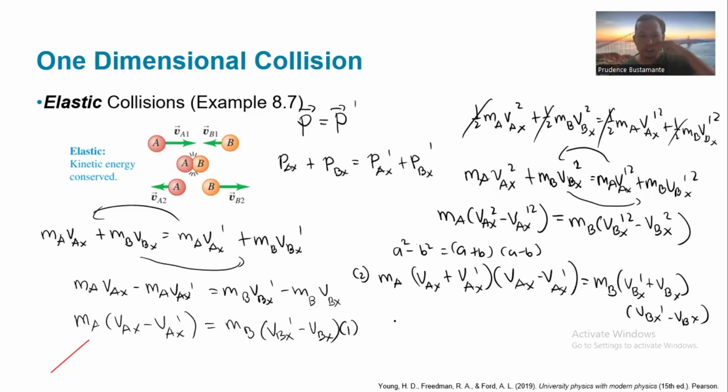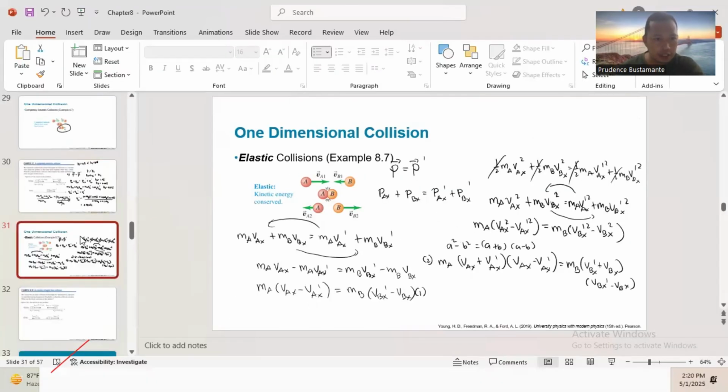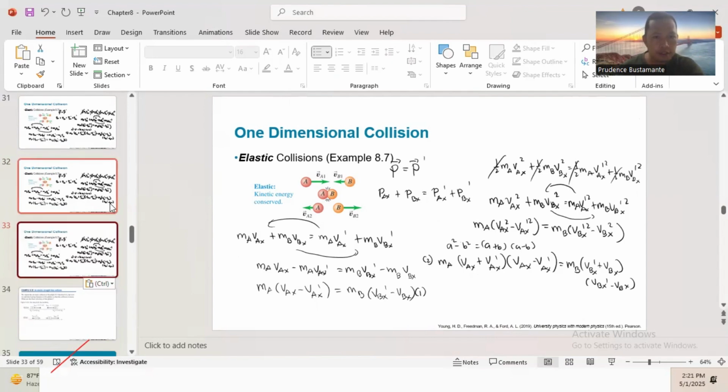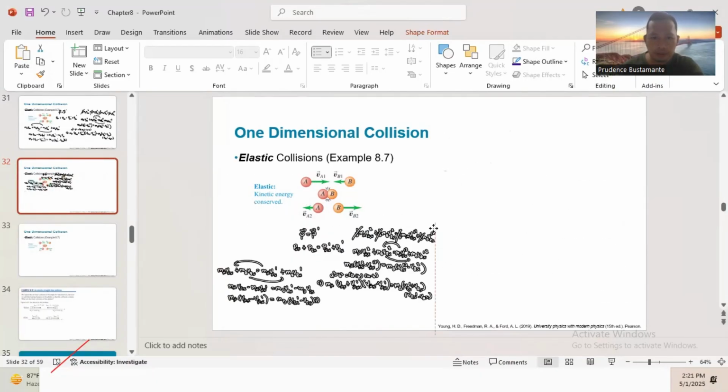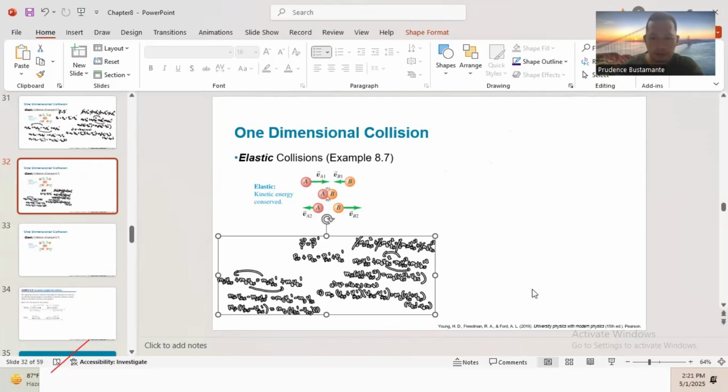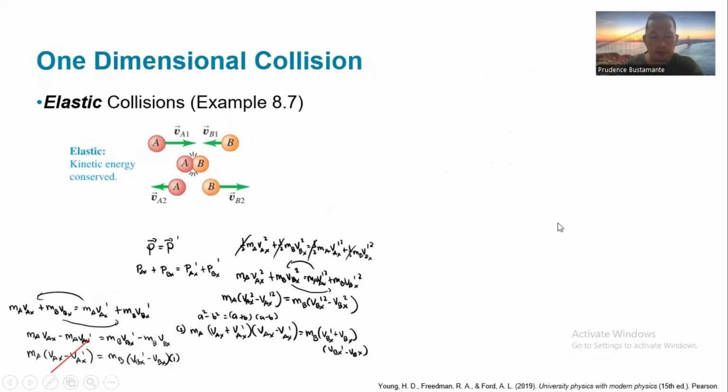So we have two equations that we can relate to each other. Keep this, I'm going to copy. Let's make this small. Okay, we have equation 1 and equation 2.